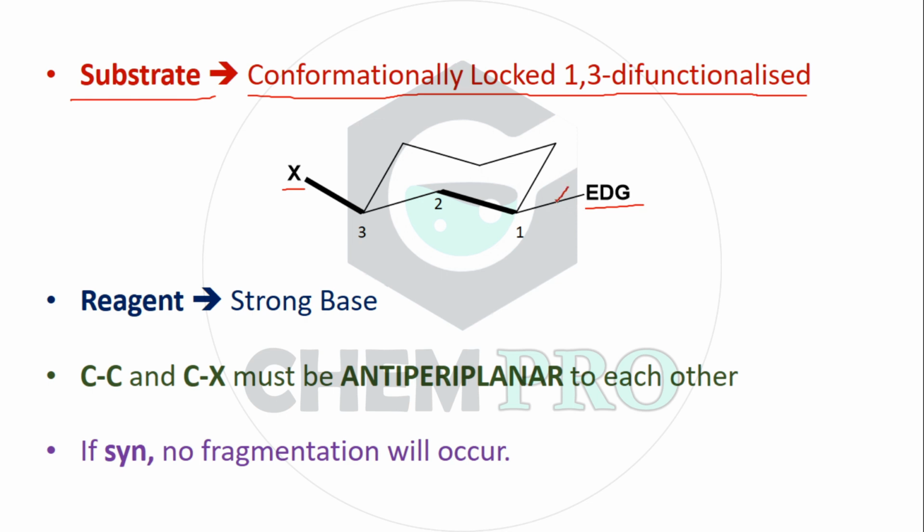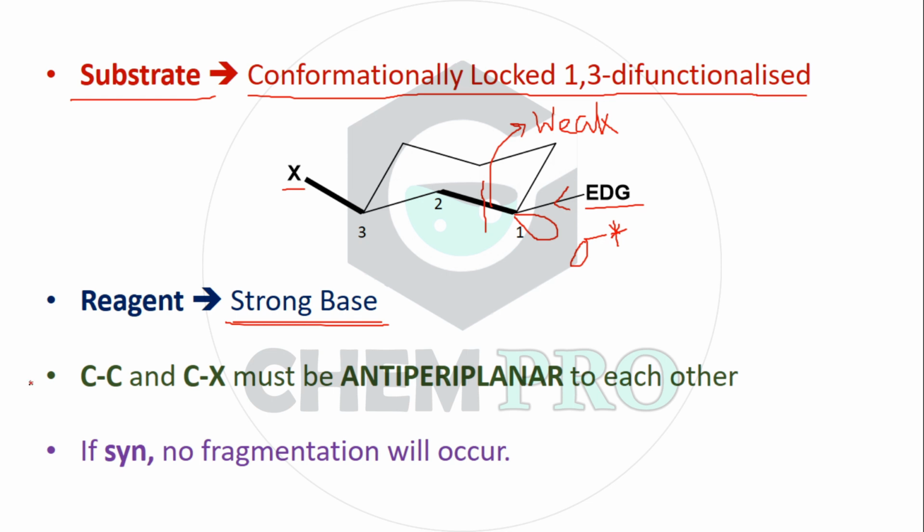The electron donating group will donate electrons to the sigma star antibonding orbital and make this C-C bond very weak, and it will break. For this reaction we need a strong base like NaH, tertiary butoxide, etc.